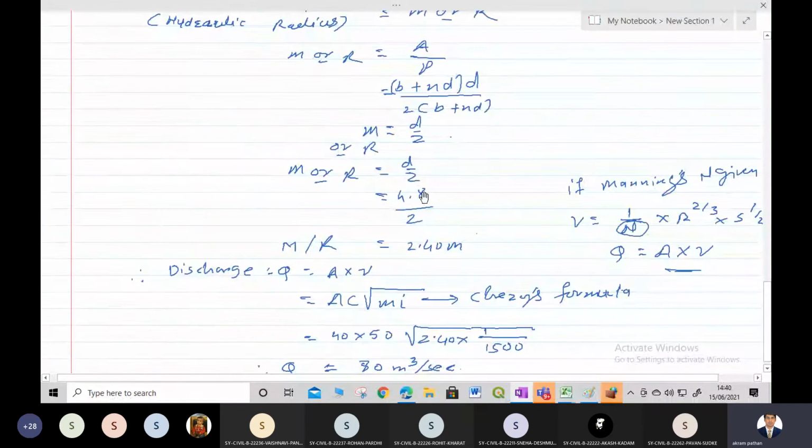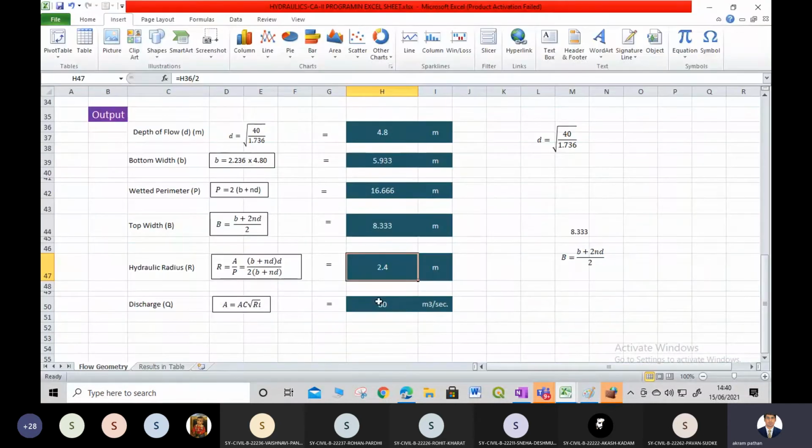See here, hydraulic mean depth or hydraulic radius is d by 2. So it will be 2.40. So you have to do this, which is equal to d by 2. This depth divided by 2, you will get this hydraulic radius automatically.